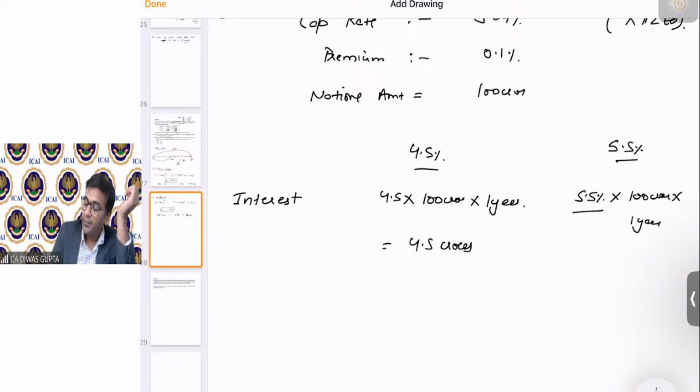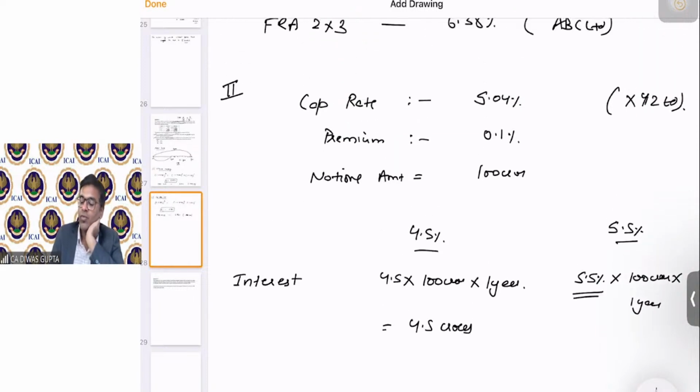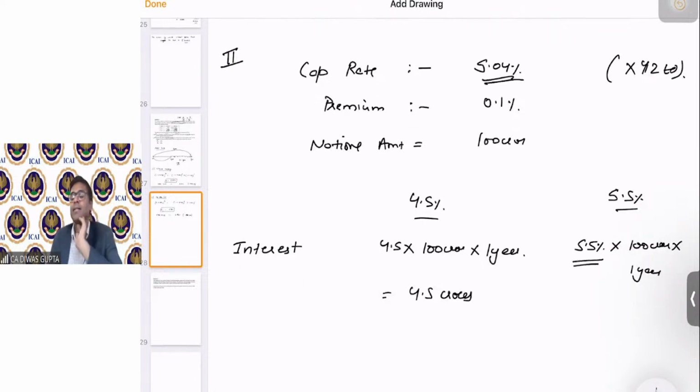see here, what will happen? In case I have obtained an interest rate cap option at 5.04, now first of all, what is the cap option? Cap option gives me a right to borrow at 5.04%. In this case, students, if the interest rate moves down to 4.5%, this right is not a right anymore for me, right?